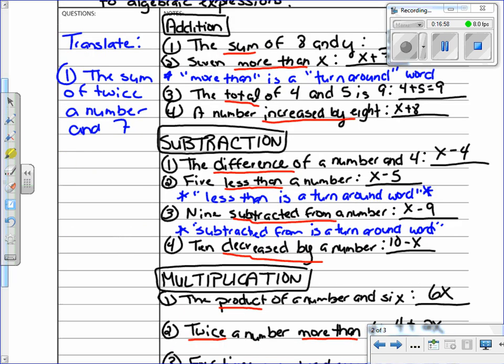And 2 would be 3 times the difference of a number and 5. Okay, thank you very much, and don't forget to answer your summary.